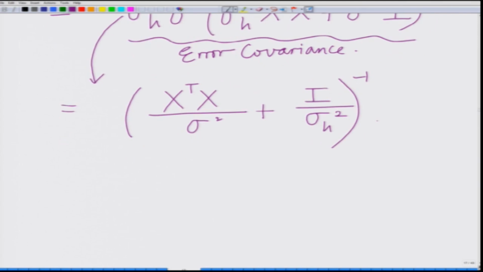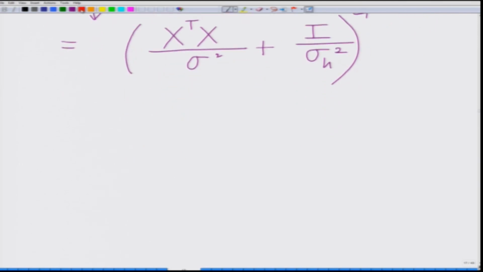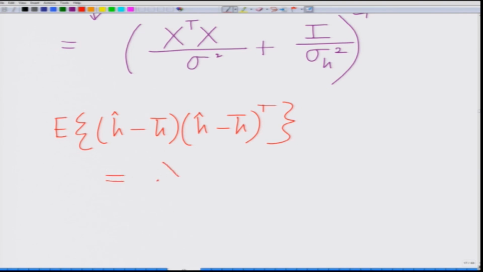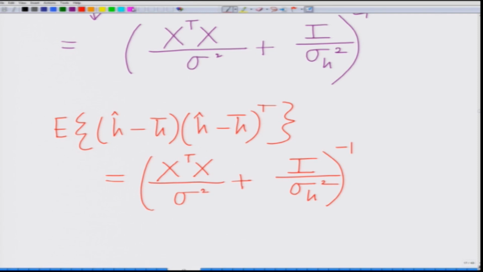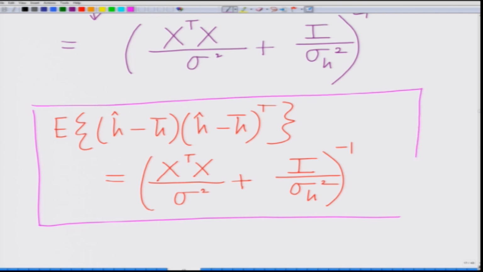So the error covariance, the expected value of h hat minus h bar into h hat minus h bar transpose, equals this. This is the error covariance for your vector parameter model.